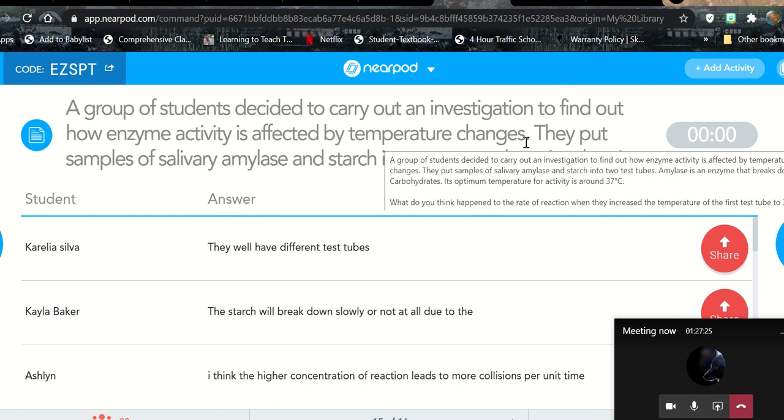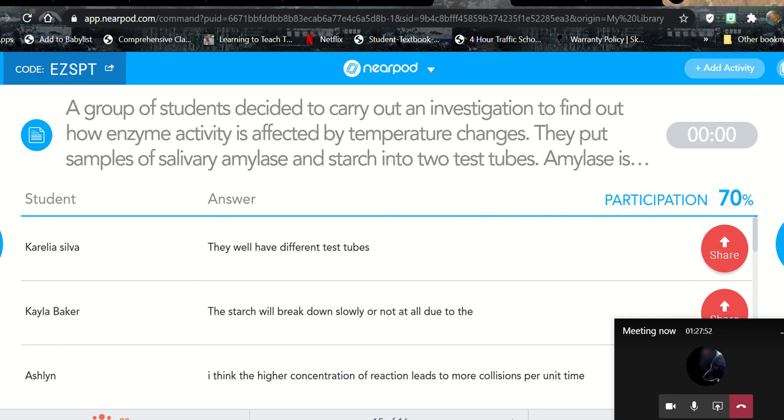If it's too low, so it's too cold for them, then also they'll be heading towards being denatured. So anything that varies beyond the 37 degrees that they like, they're either going to be slowing down the reaction or it is going to start denaturing the enzyme itself. Right? So that's the answer I was looking for. So again, what's happening with the enzyme at 37 degrees? It's at its peak. So it's the most active at that point.